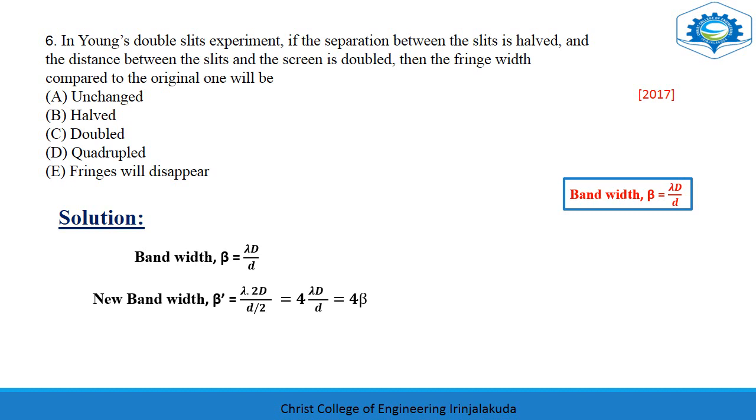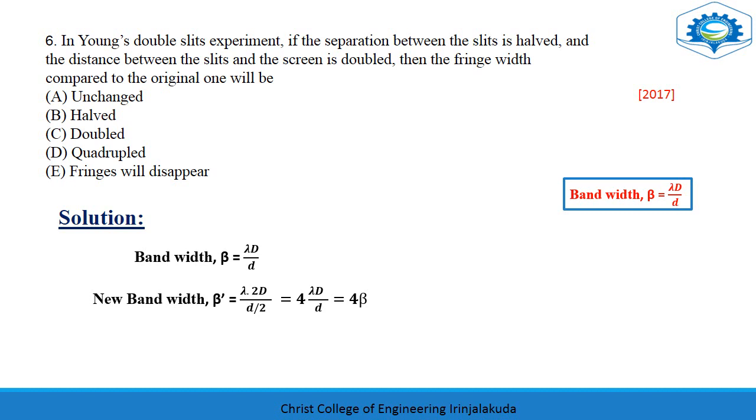It is given that the distance between the sources and the screen is doubled. So capital D is doubled and the distance between the sources is halved. So we can substitute the values in this equation.